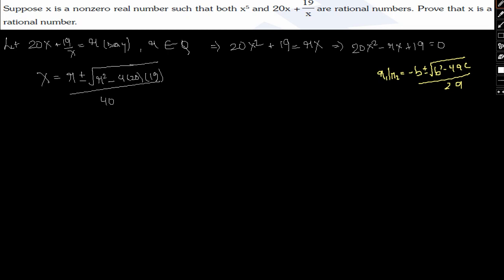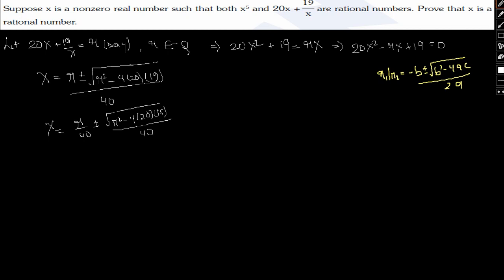So this entire number we can write in this form as well: r by 40 plus minus root of r square minus 4 into 20 into 19 by 40.